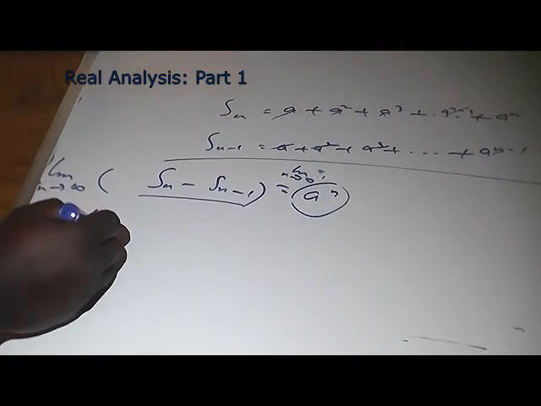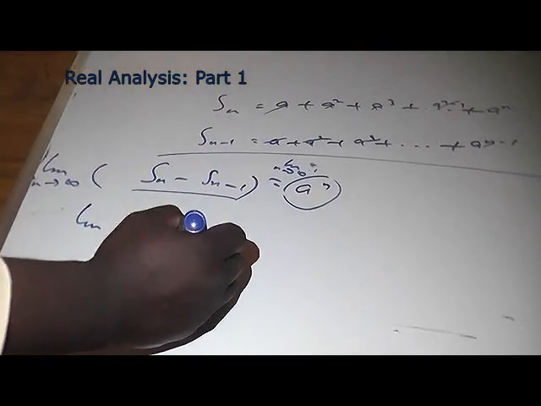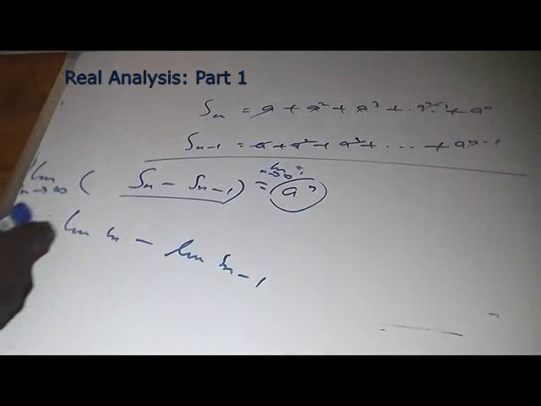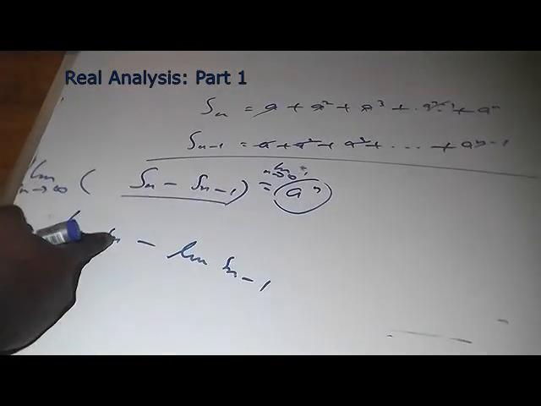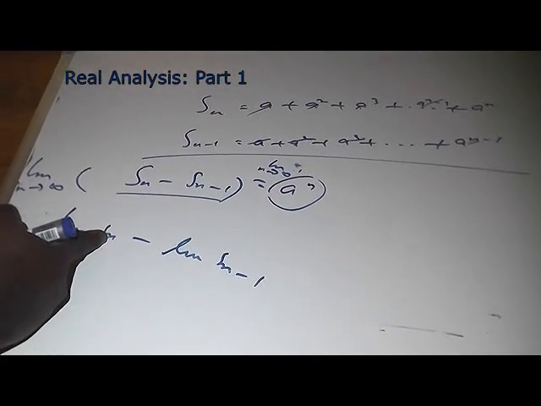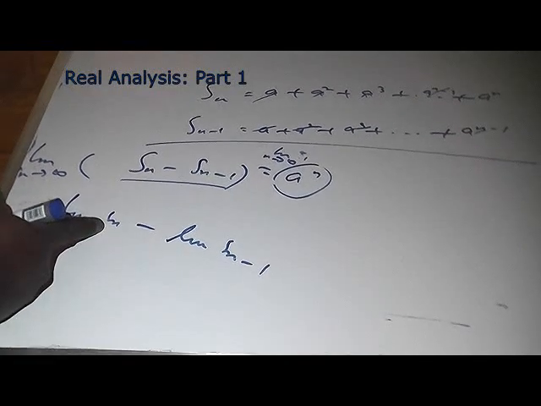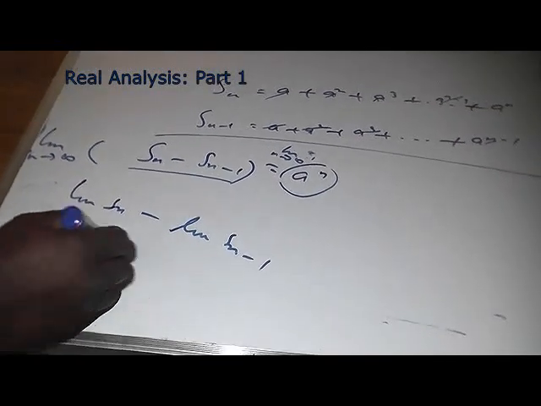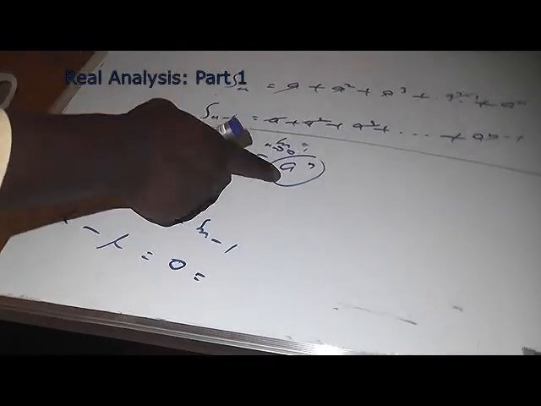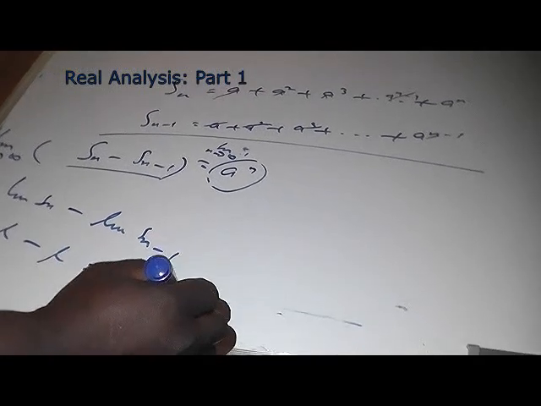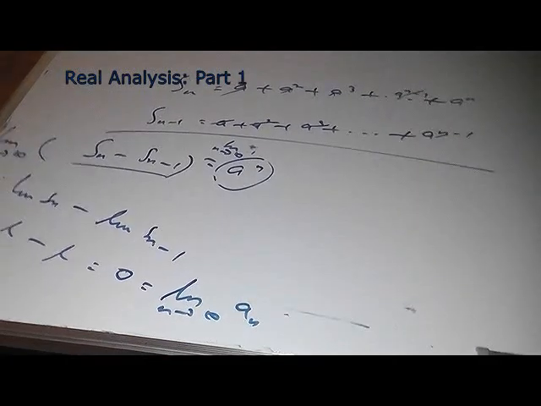Now, this is the limit of Sn minus the limit of S(n-1). A subsequence converges to the limit point of the supersequence. If the limit point of the supersequence is L, the limit of the subsequence is L, which gives 0, meaning that this 0 is the limit as n tends to infinity of an.